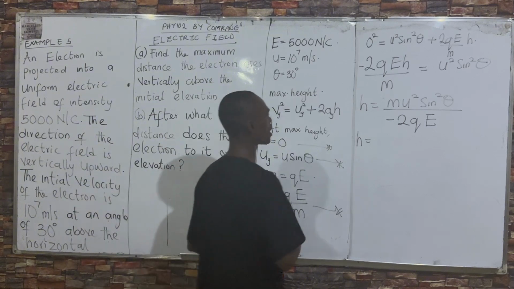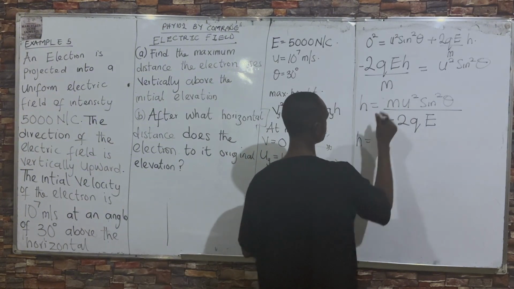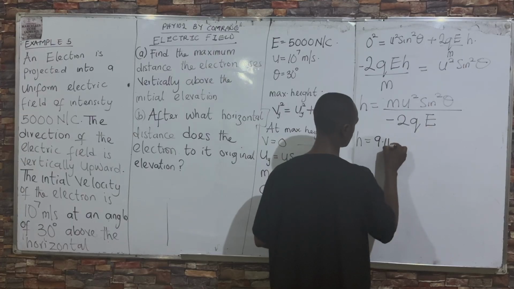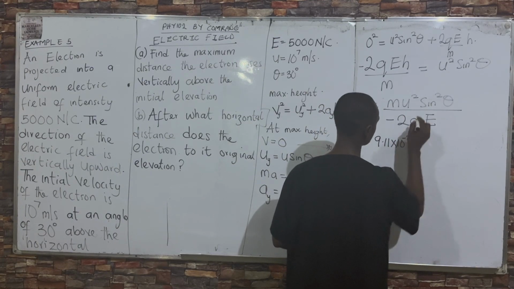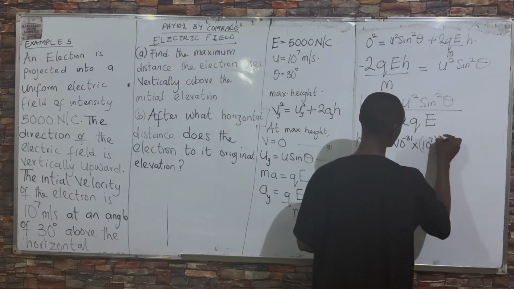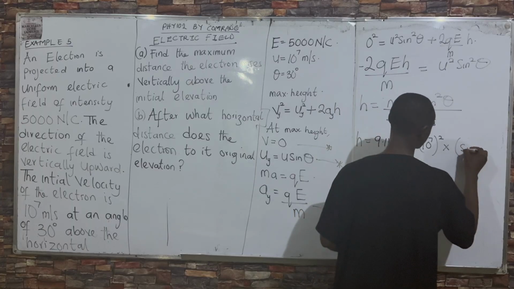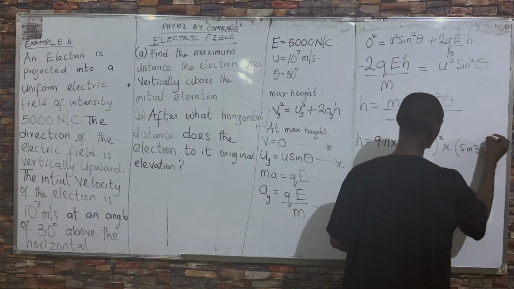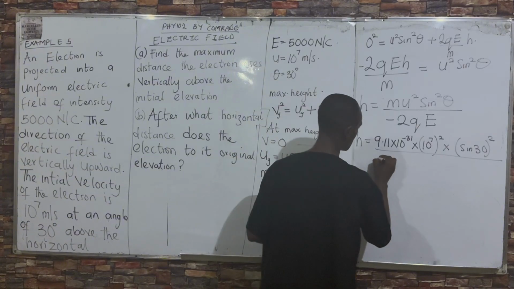Now let's substitute our parameters. What is the mass of the electron? We know it is 9.11 times 10 raised to power minus 31, times u, which is 10 raised to power 7, all squared, times sine theta, which is sine 30, squared. Then everything over minus 2.